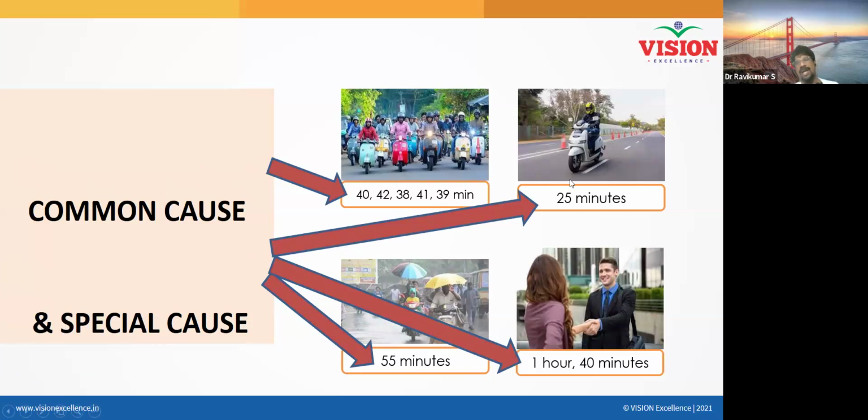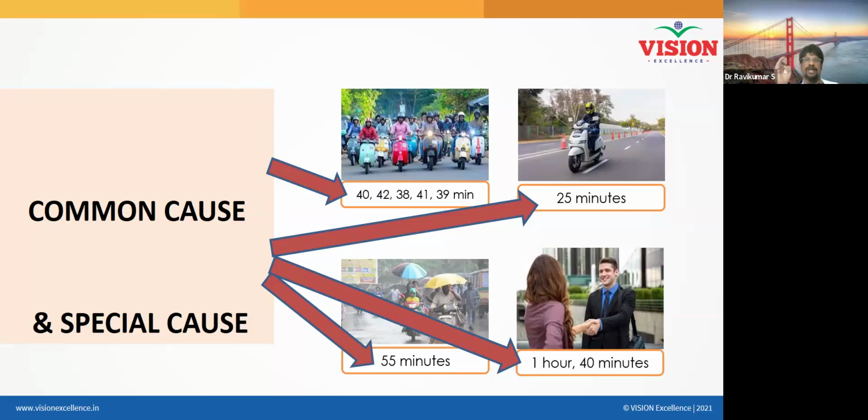So if we are aware of the special cause reasons, then the problem can be rectified. But imagine in your process, if you are unable to identify the reason for the special causes or abnormal causes, then you have to initiate a Six Sigma project to find out and resolve that. That is the scenario here. Whenever you are able to find the causes for the special causes, you are well and good.